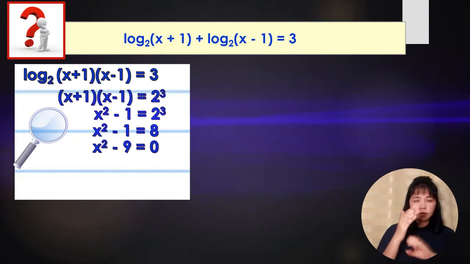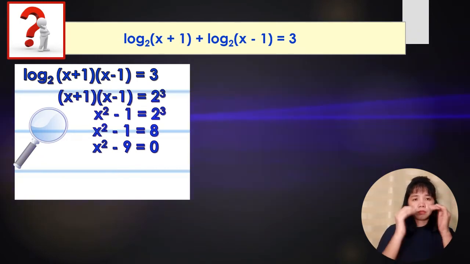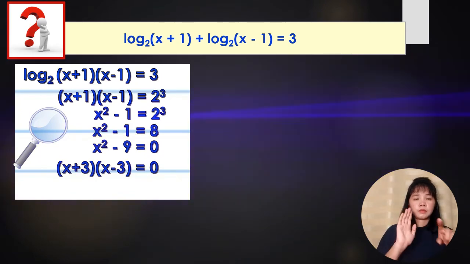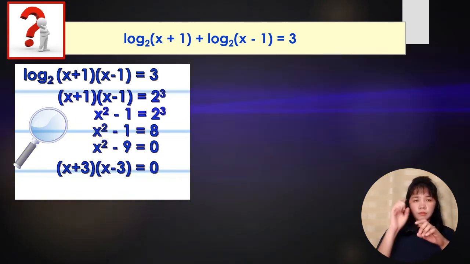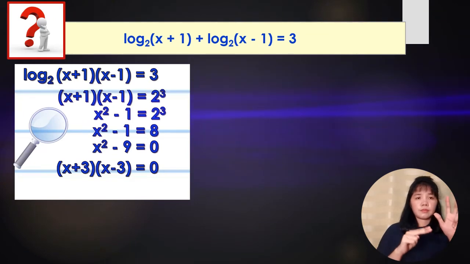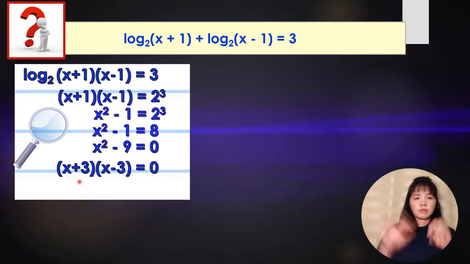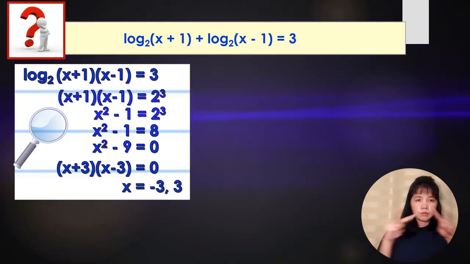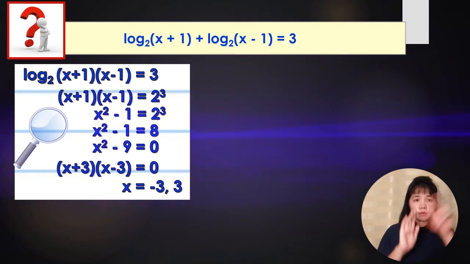X squared is a perfect square, 9 is a perfect square, the middle sign is negative, therefore we can factor this as quantity x plus 3, quantity x minus 3 is equal to 0. Now using the zero factor property, x plus 3 is equal to 0, x minus 3 is equal to 0, therefore the values of x are negative 3 and positive 3.